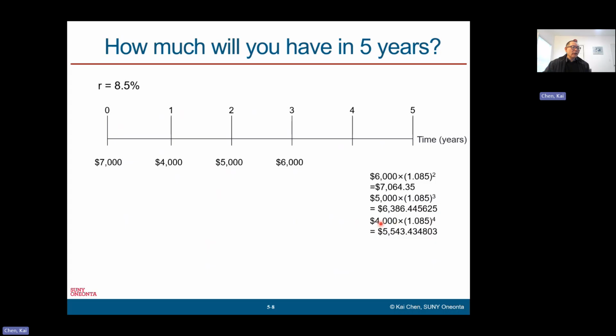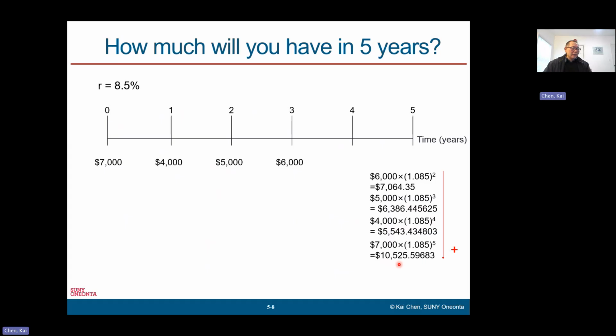That is the formula, but again, you can use a financial calculator to get this number. Now the last one, or the first cash flow, $7,000. We can do the calculation with the formula, and I believe it is $10,525.60.